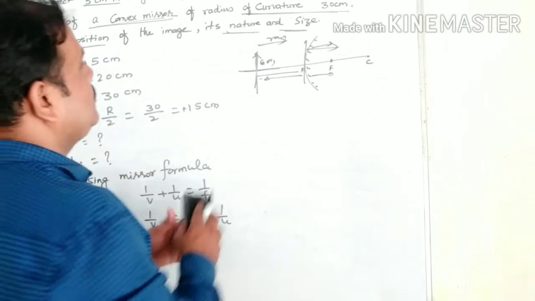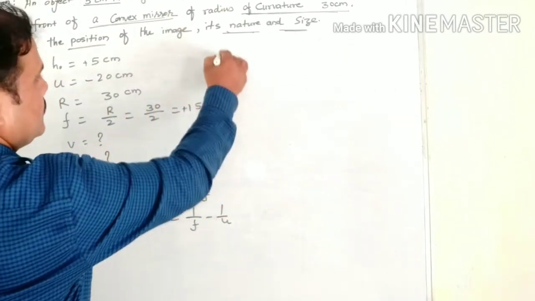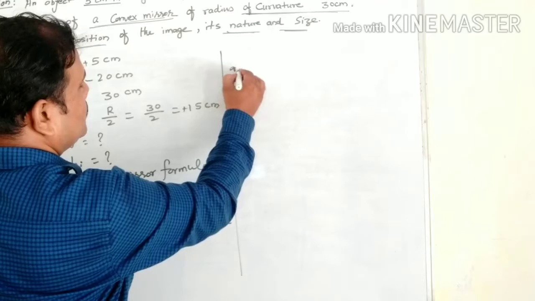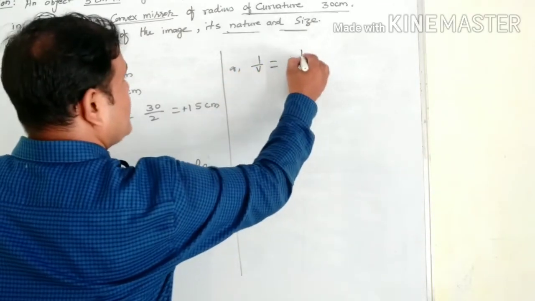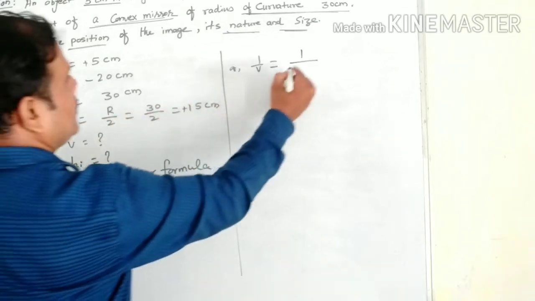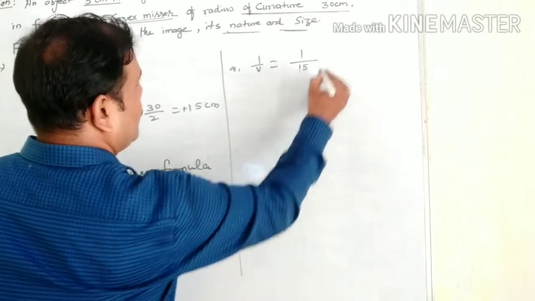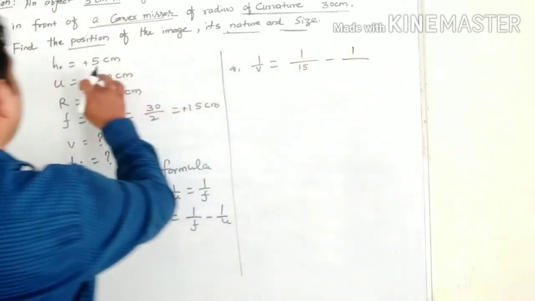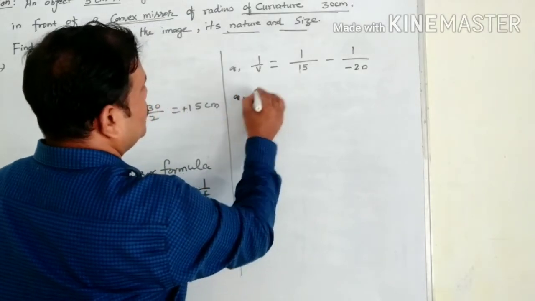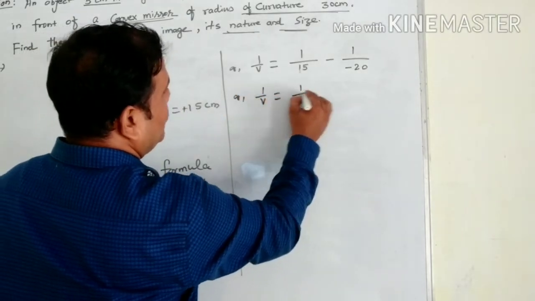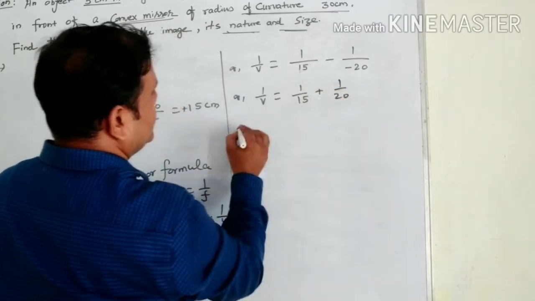Now, what is the value of f? It is plus 15, so directly you write here 15, and minus 1 by u, u is minus 20. So it will be 1 by v equals 1 by 15 minus minus, plus, 1 by 20.